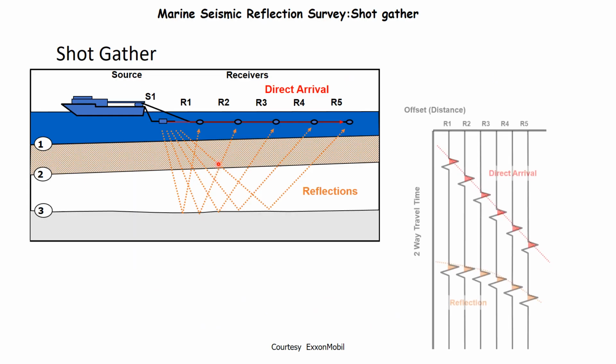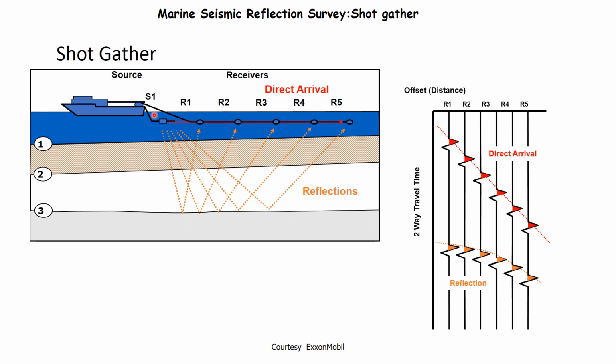For a marine survey, how can we depict the shots? There is a ship going, with a source in the ship, suppose an air gun is used as a single source. The shots are fired and from one shot we get a response at all the receivers. Generally this method is called shot gather.